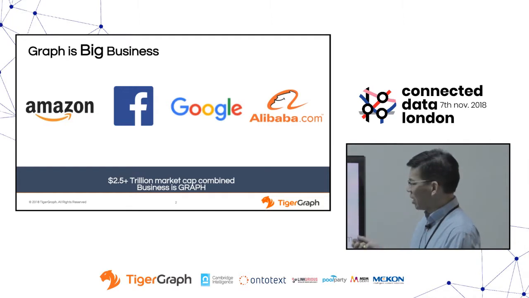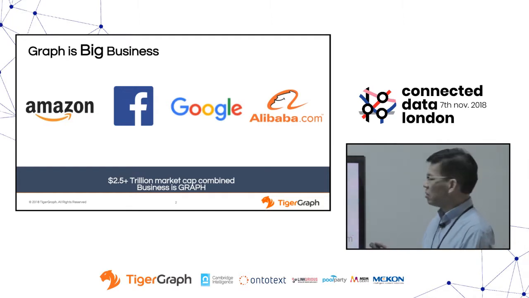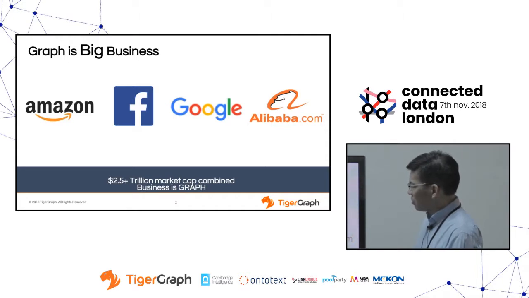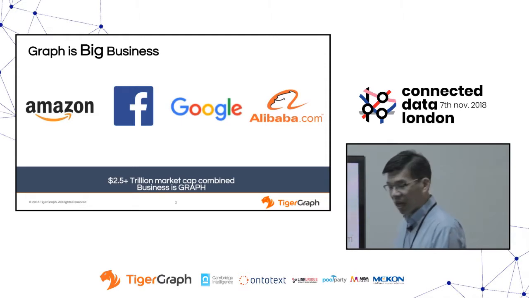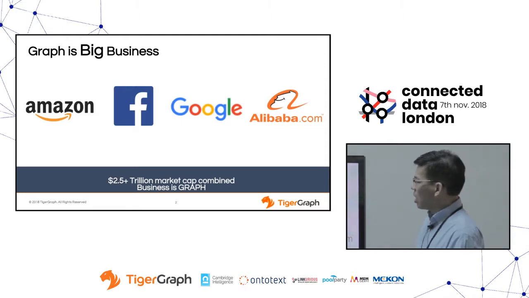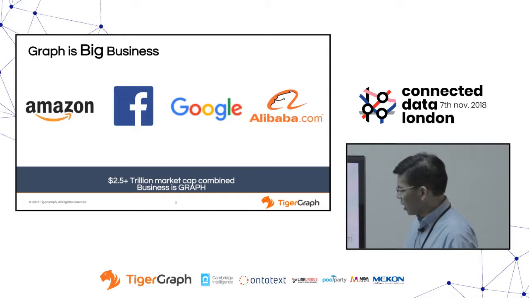These are driving a lot of the financial markets, and everything they do is either naturally related to connected data and graph, like Facebook and Google, or, if you only think a little bit about it, behind the scenes is doing a lot with connected data and graph.